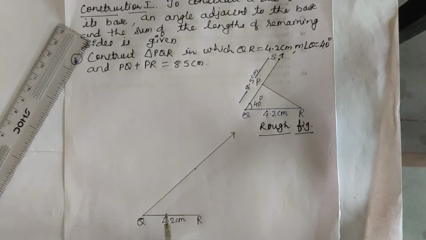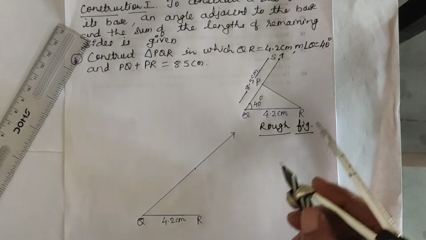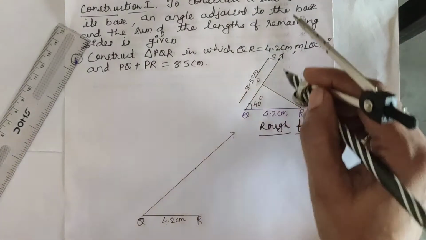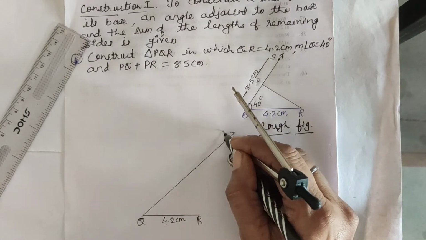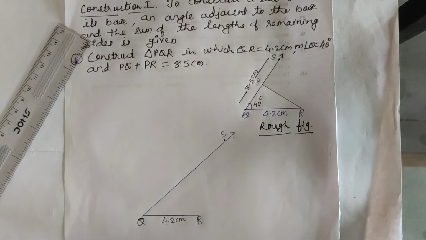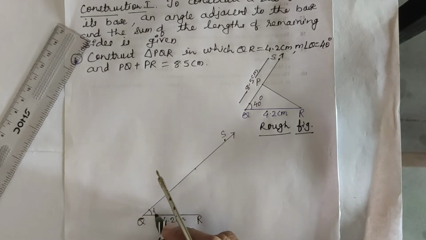Then we have drawn a ray. What is the name of the ray? We have given in the rough figure QS. You can take any other point here. As I have taken S, we have drawn ray QS such that measure of angle SQR, or you can say measure of angle Q, is what?